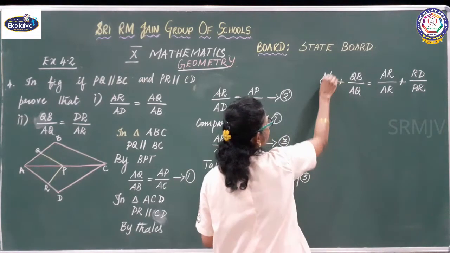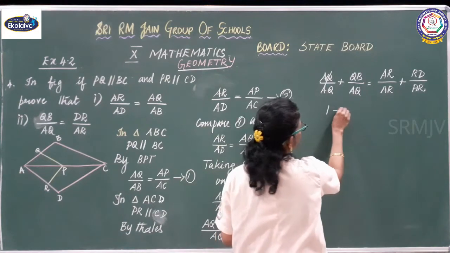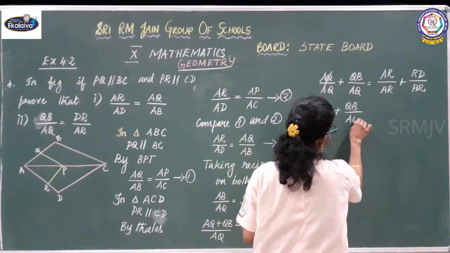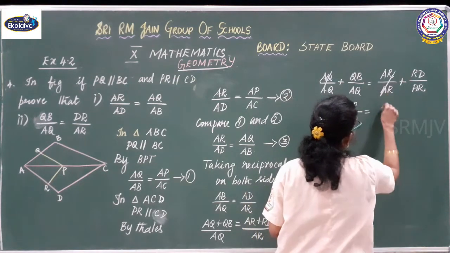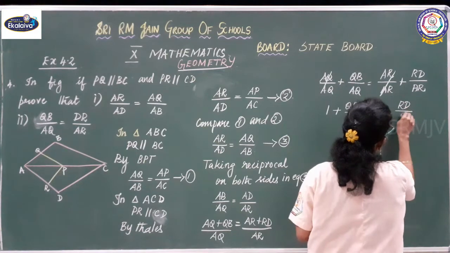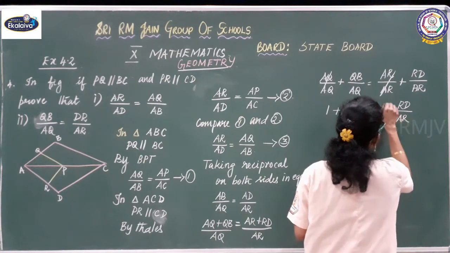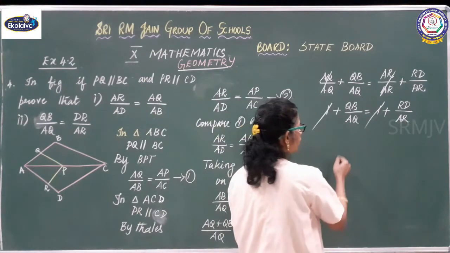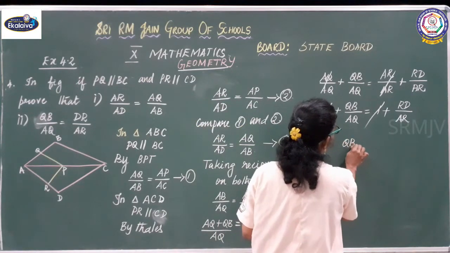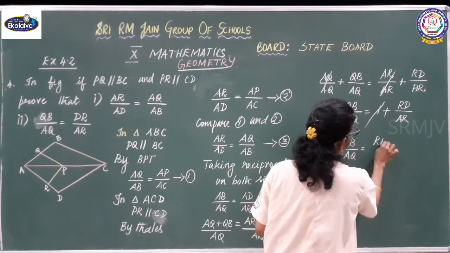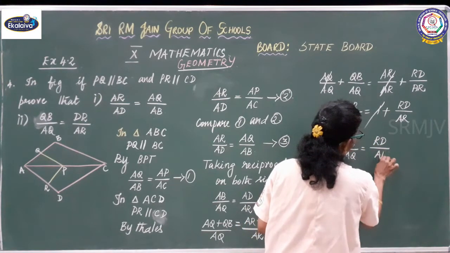Now AQ by AQ becomes 1, so 1 plus QB divided by AQ equals 1 plus RD divided by AR. The 1s cancel. Then what is the final result? QB divided by AQ equals RD divided by AR.